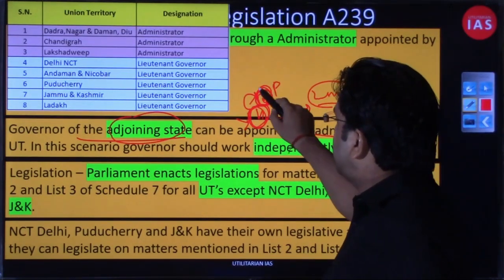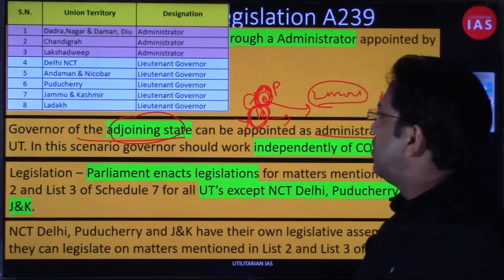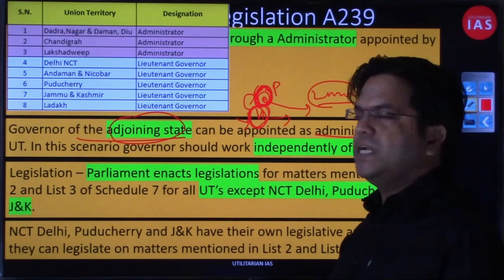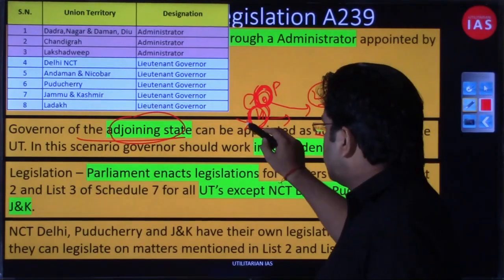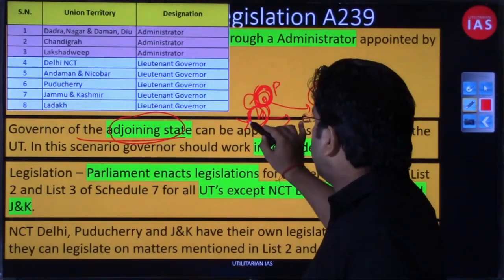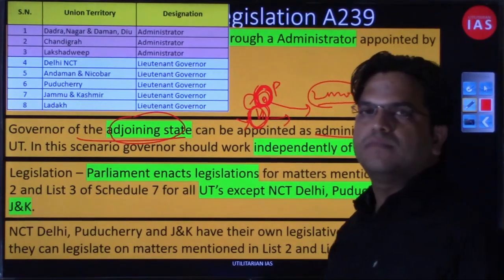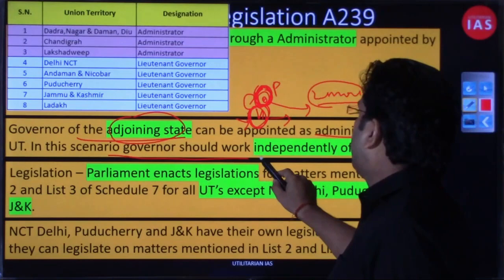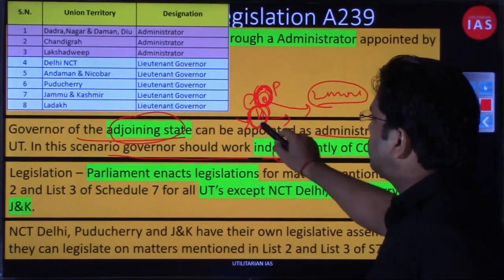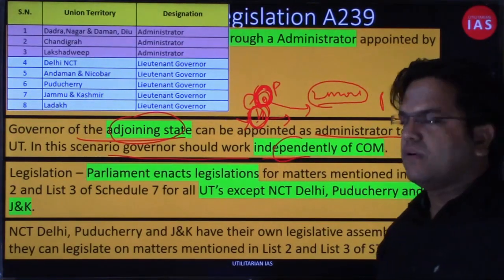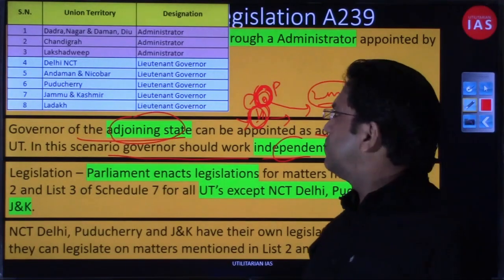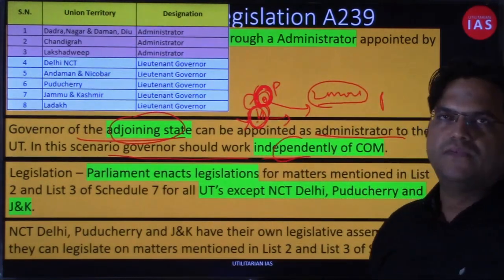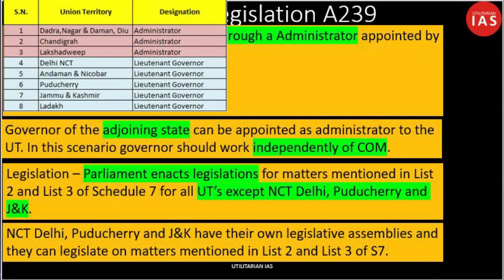But when he has to take any decision on matters relating to the Chandigarh region, he is not liable to receive advice from the council of ministers of Haryana. So the point is that in this scenario the governor works independently, without the support of the council of ministers of Haryana. While exercising his functions in relation to Chandigarh, he need not have the advice, right? So that was on the part of administration.